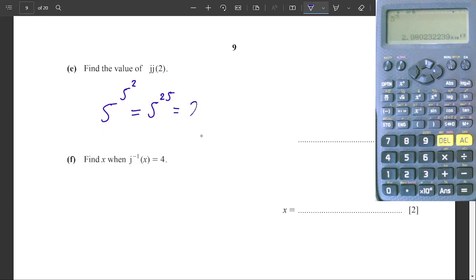But don't be scared. We just write it down. So it's 2.980, etc. times 10 to the power of 17. That's it. To three significant figures, it will be 2.98 times 10 to the power of 17.